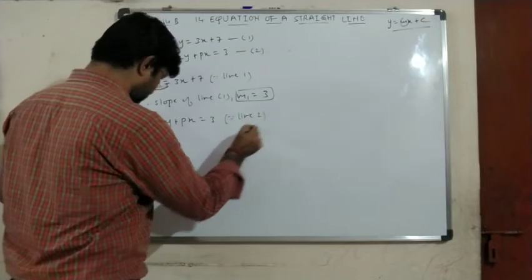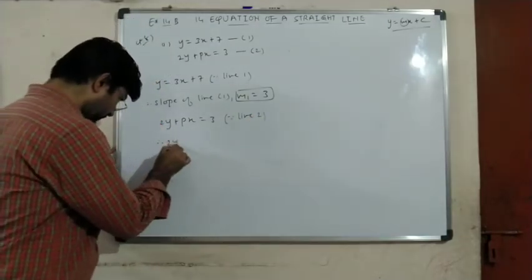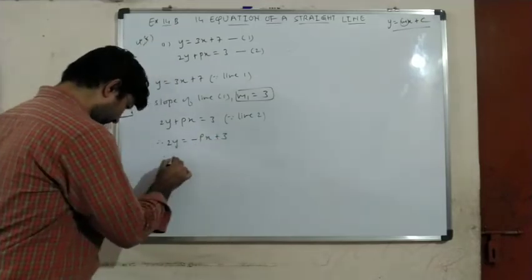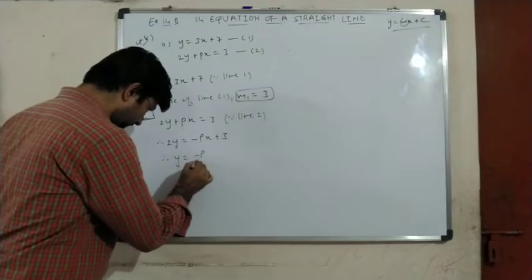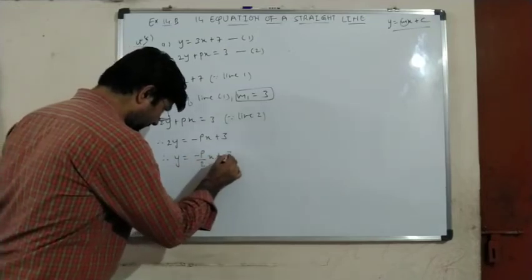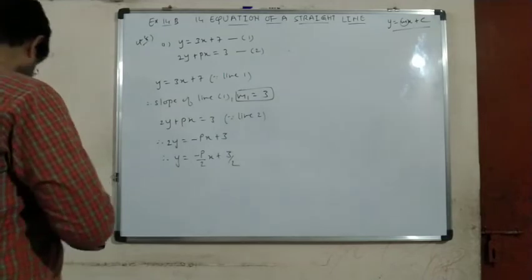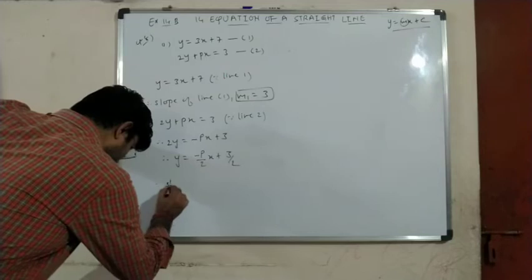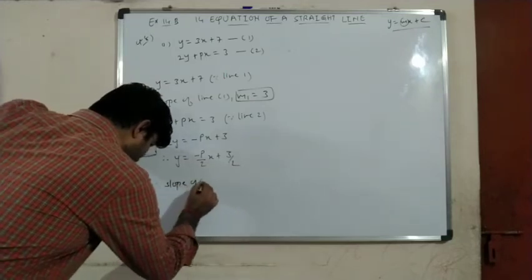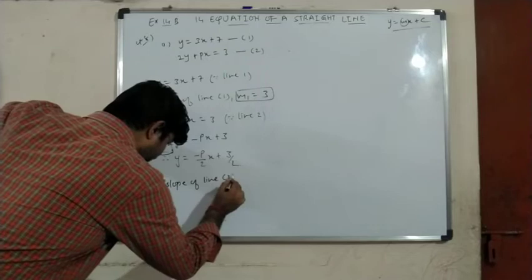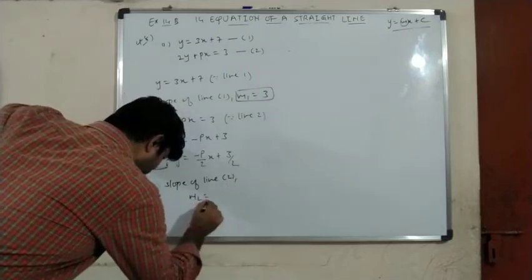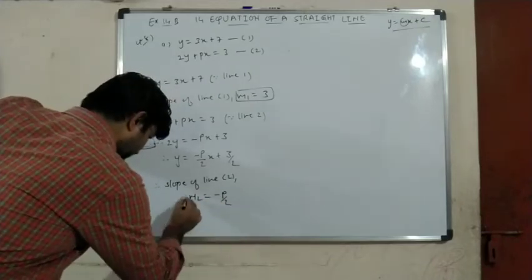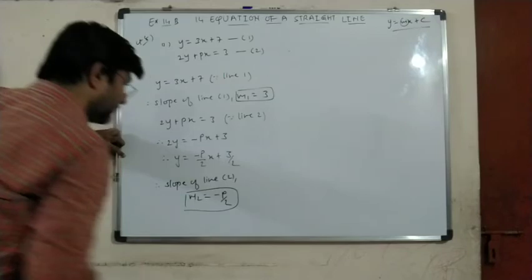This is line 2. Therefore 2y is equal to minus px plus 3, and therefore y is equal to minus p upon 2 into x plus 3 upon 2. Now slope of line 2, denoted by m2, is equal to minus p by 2. Clear? So we got m2.